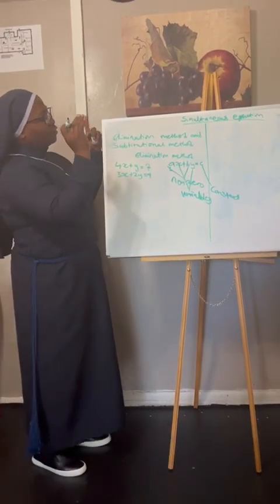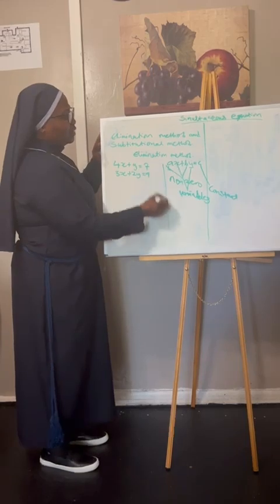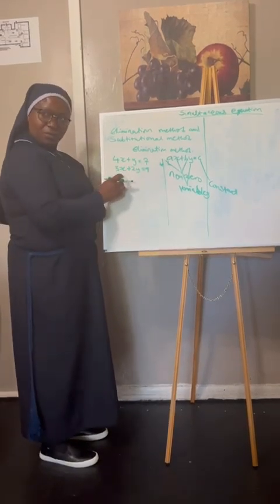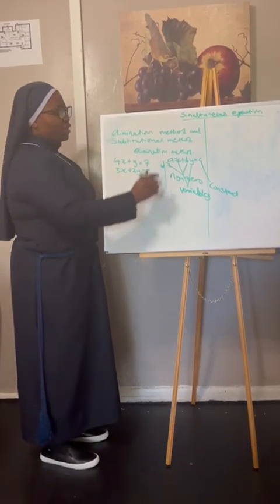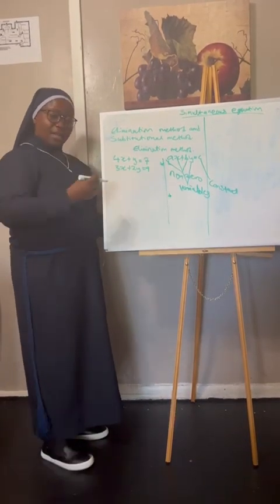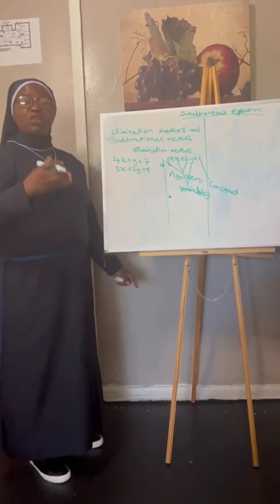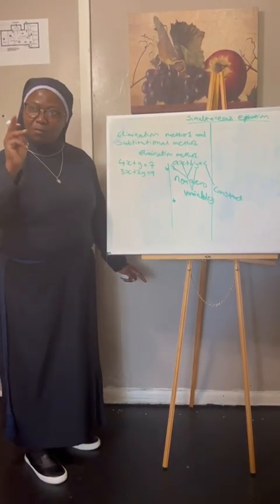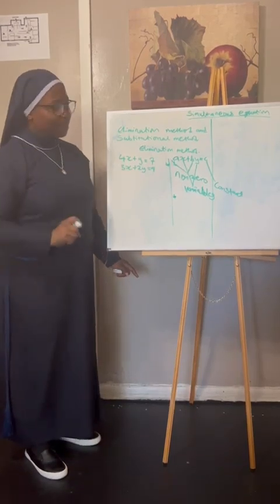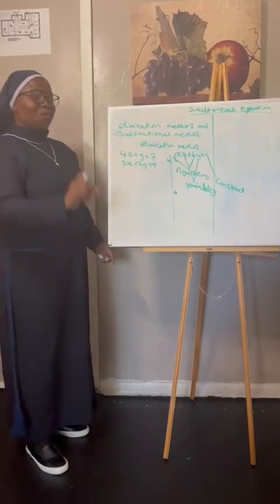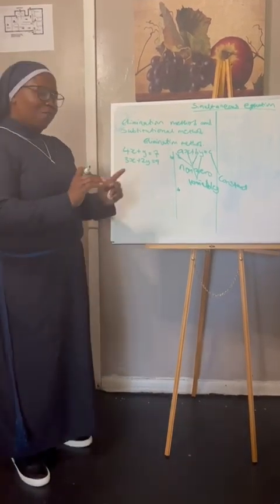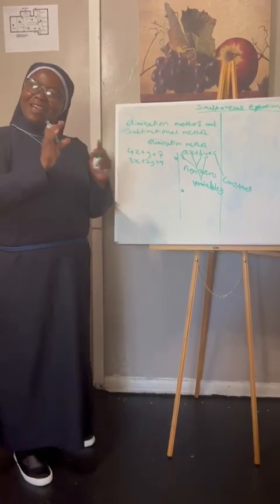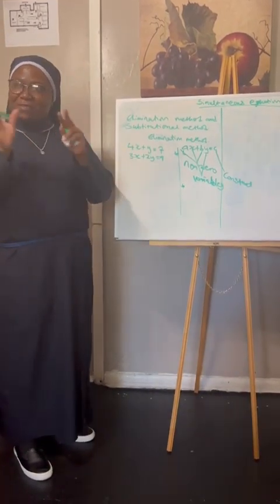Another thing you must have in mind before you go to solve this problem: people have problems knowing whether to use minus or plus to eliminate. I'm going to give you the key. Just get it now. We are looking at the signs carried by what you want to eliminate. Are they the same sign or different signs?